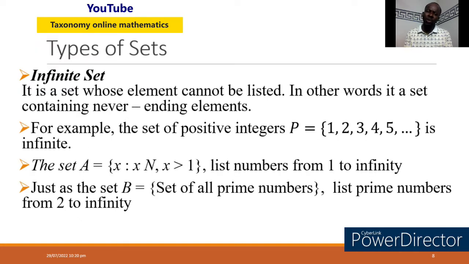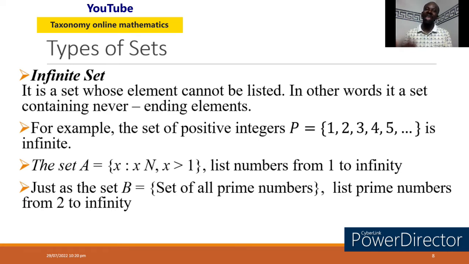Then the opposite of finite set is what? Infinite set. Meaning it's a set whose elements cannot be listed. You cannot list definitely the elements of a set of counting numbers. If I just say set of counting numbers, and give you a starting point, as from 1, you might not be able to finish even from morning to evening, because you can get to 1,000 in the evening, while some will get to 1 million in the same evening.